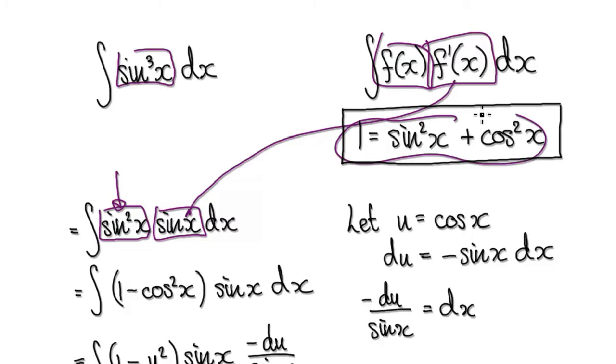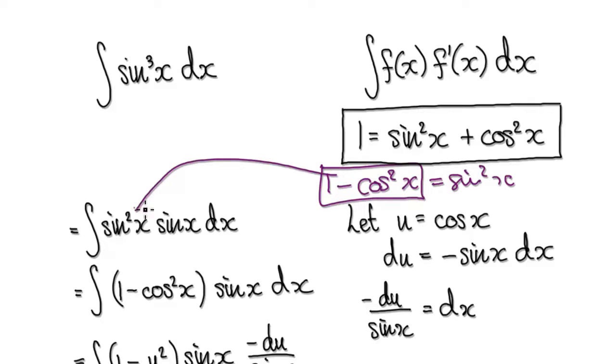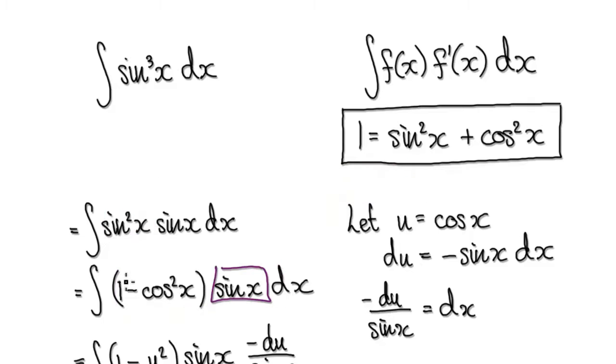So make use of this: 1 minus cos squared of x equals sine squared of x. Put this into this block here. That will then give us this. So now this is a derivative of everything in terms of cos, which is this thing here.